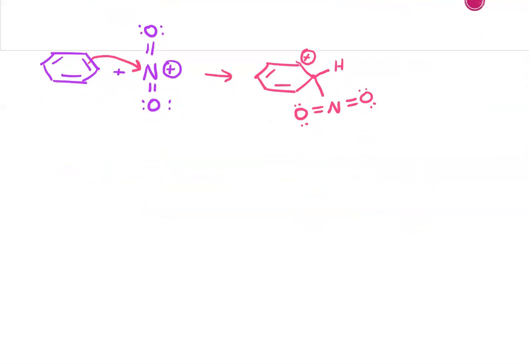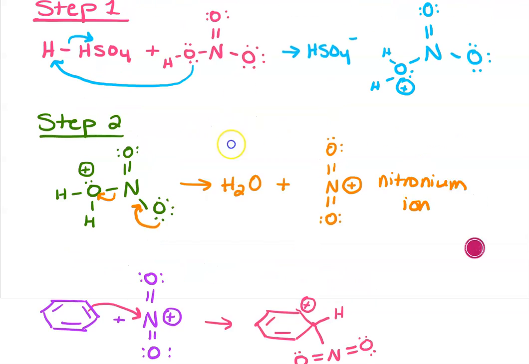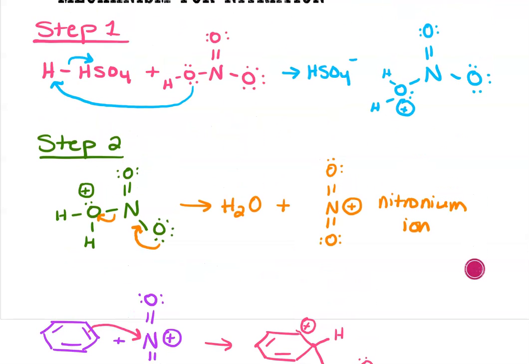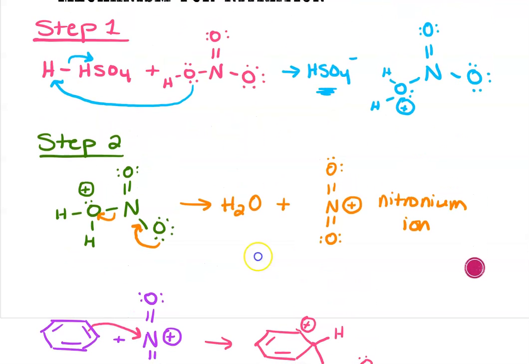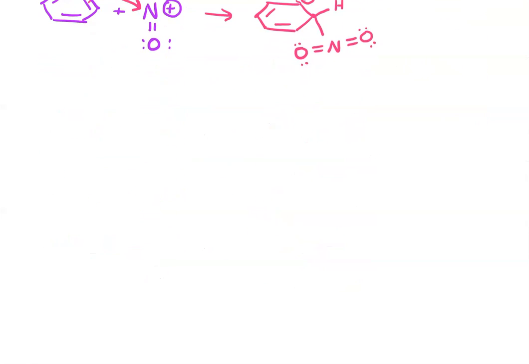All right, so now we need to get rid of the arenium ion. So if we remember way back from up here, this HSO4, we're going to take our HSO4 now and use that to remove that excess hydrogen. All right, so we've got NO2 and hydrogen, and then we have HSO4 minus.